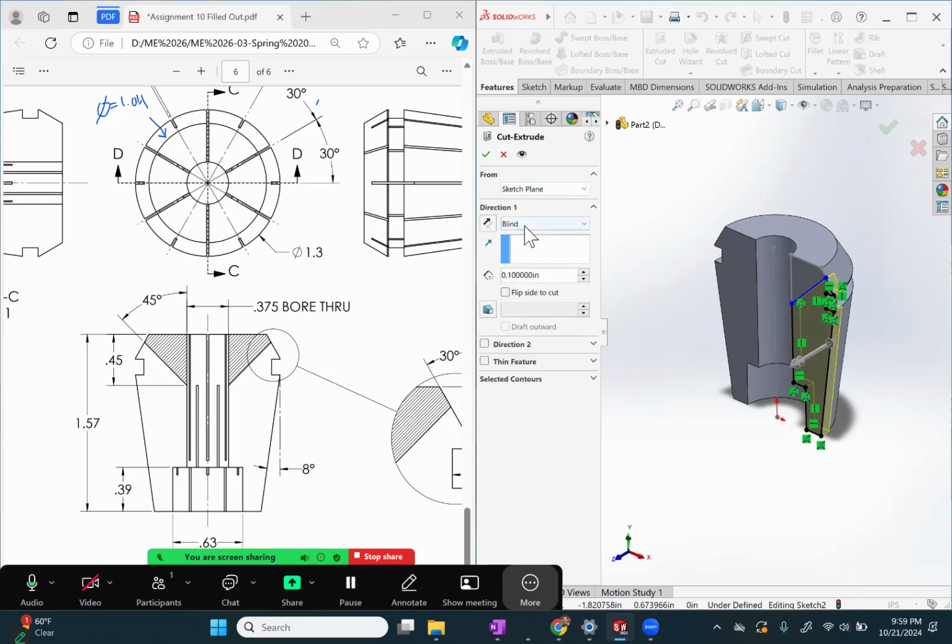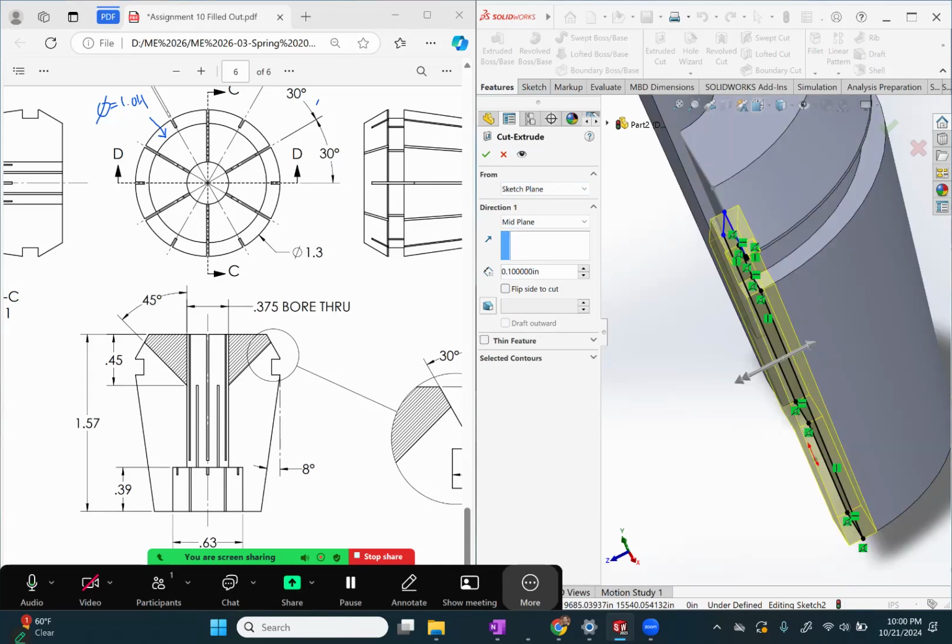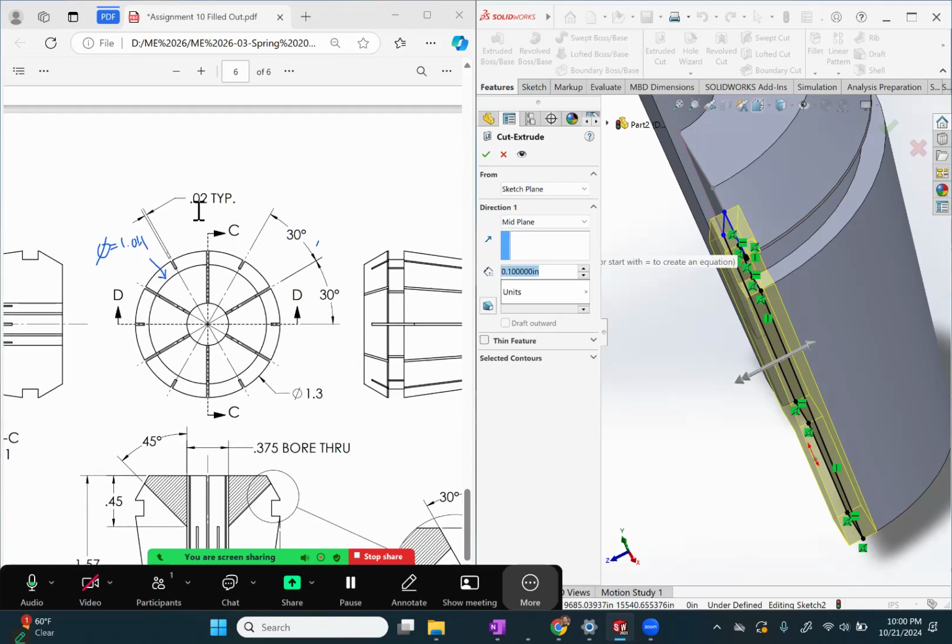But instead, there's a special function called midplane, which will automatically separate your extrusion in two directions. So all you have to do is type in the overall distance. We know these gaps should be 0.02, 0.02. Again, if we do the midplane, this will divide it evenly for us.